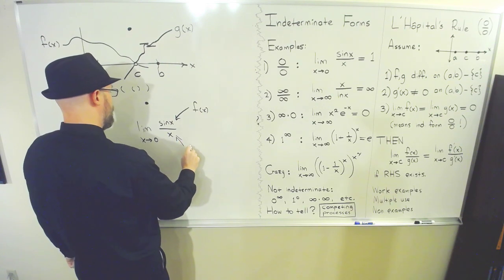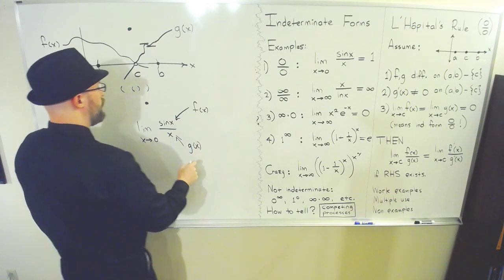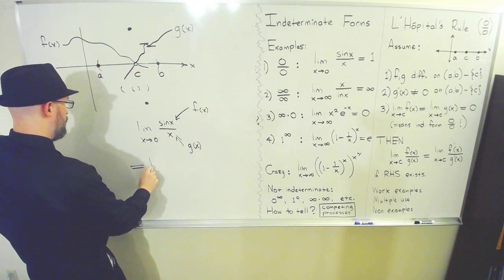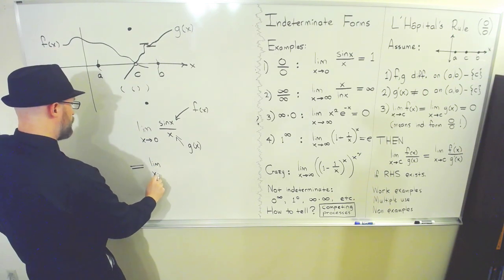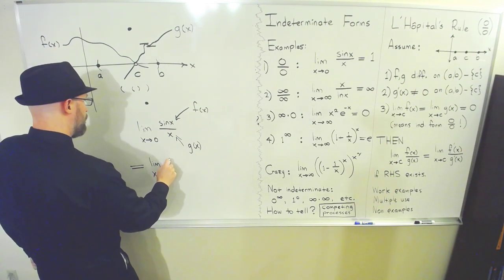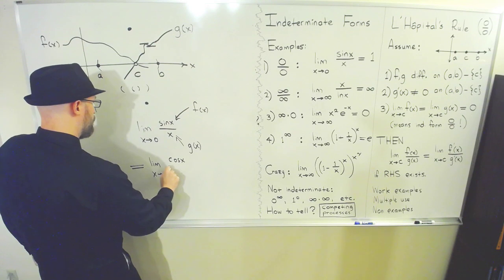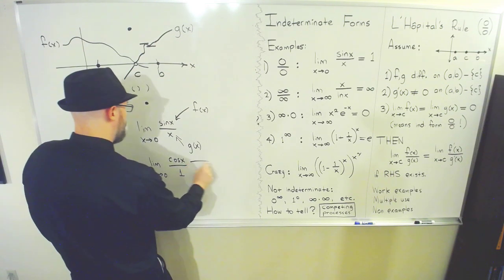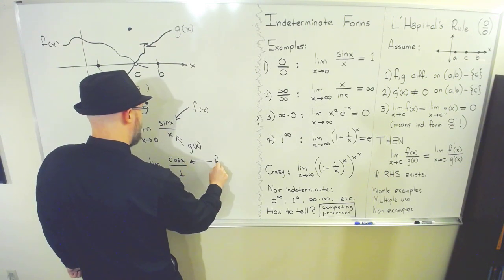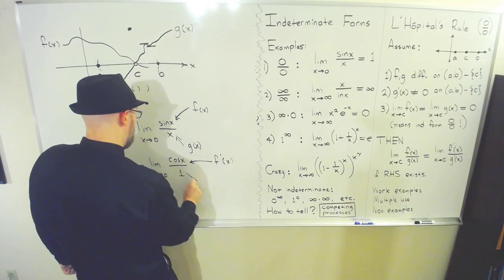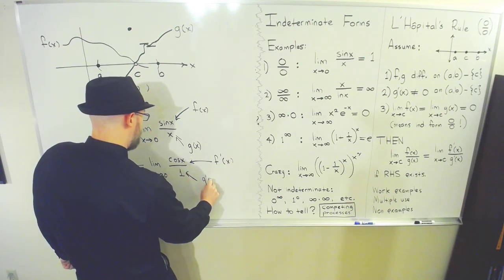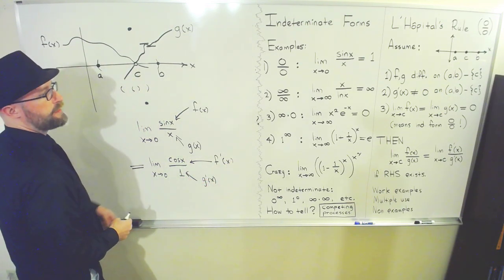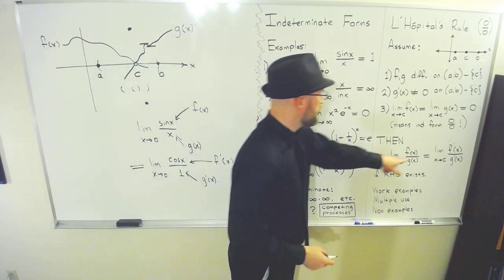The x was the g of x. And when we wrote that this is equal to the limit as x goes to 0 of cosine x over 1, then the cosine x is just the f prime of x. The 1 is just the g prime of x. And so this is a conclusion that you can draw.